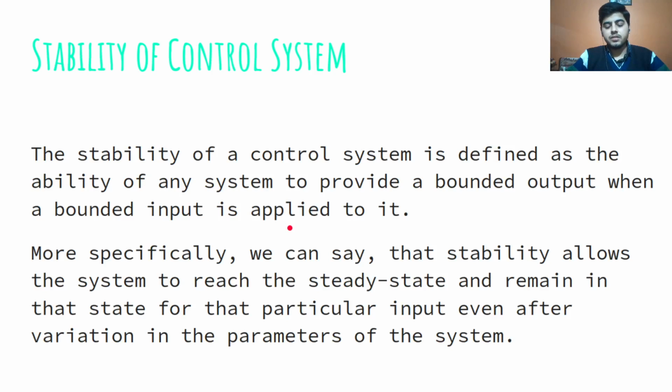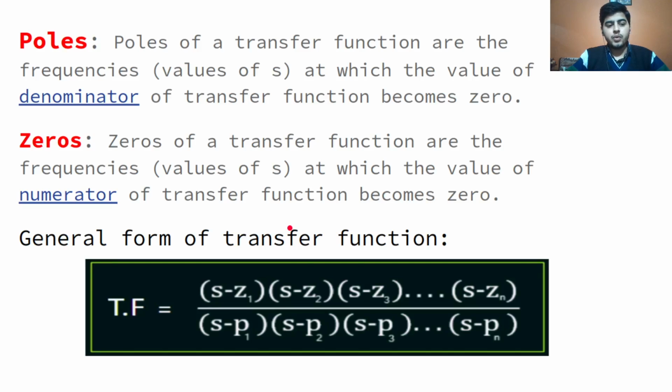So how do we find whether our system is stable or not? To find that, we have to first look at poles and zeros. Poles of a transfer function are the values of s at which the denominator of the transfer function becomes 0, and the zeros are the values of s at which the numerator becomes 0. Just by following these two definitions, we can come up with a general form of the transfer function like this.